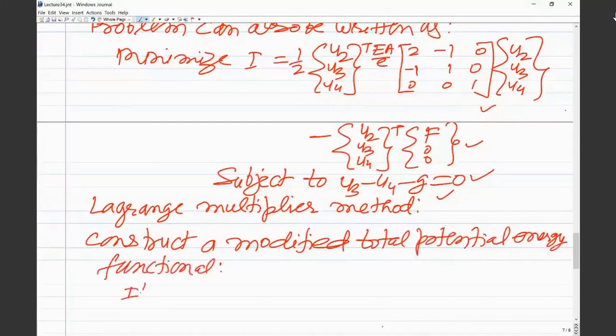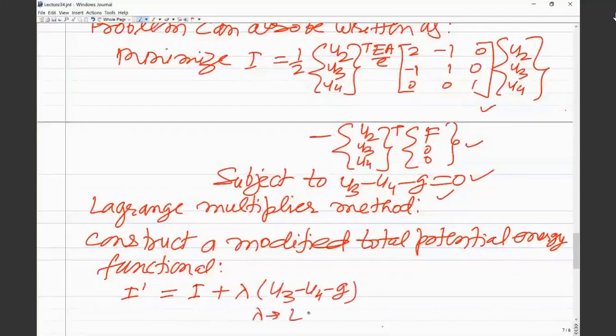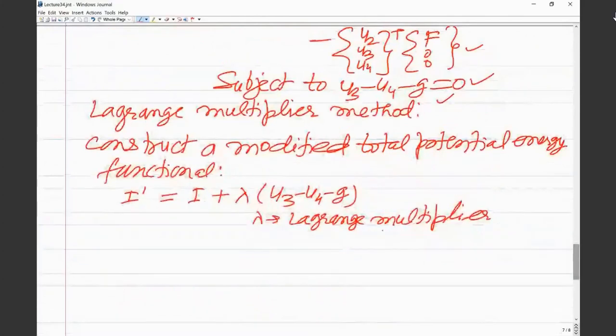Let us say we denote that by I dash. So I dash would be equal to I plus Lagrange multiplier lambda times the constraint U3 minus U4 minus G. Here lambda is a Lagrange multiplier, and that is also an unknown. So we are introducing an additional unknown in the form of the Lagrange multiplier.